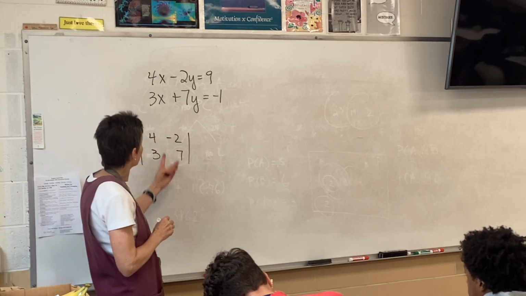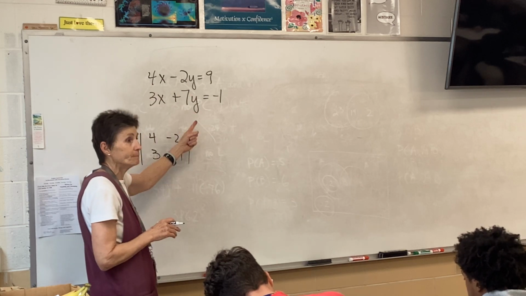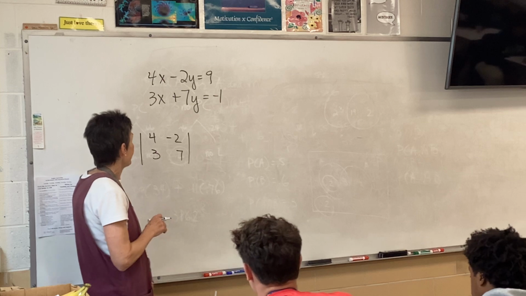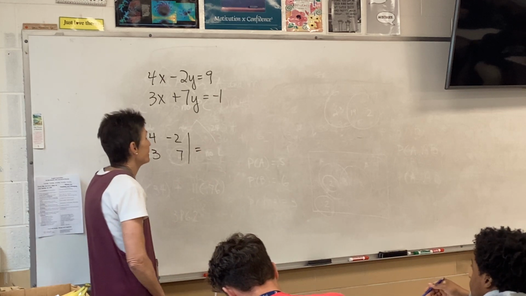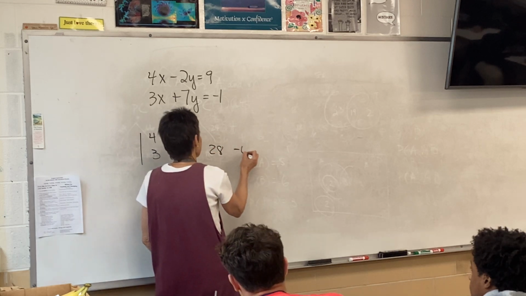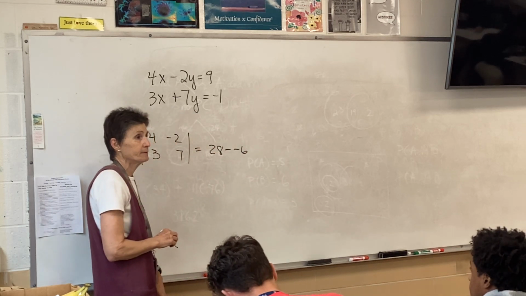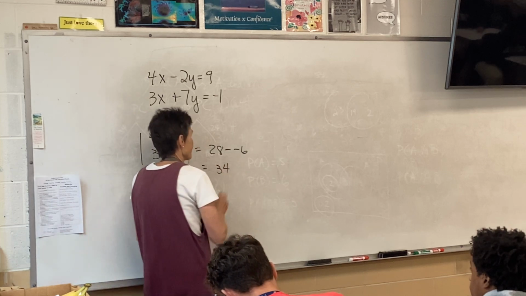So there are my coefficients. Just like with elimination, they have to be lined up, and now evaluated. Who remembers how to do that? We multiply, get 28, multiply, get -6, and then we subtract those. So the answer to the problem is 34.